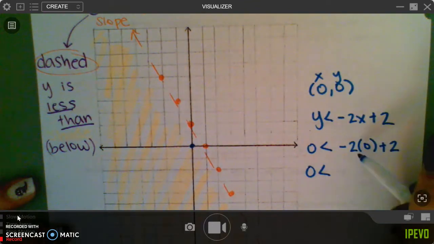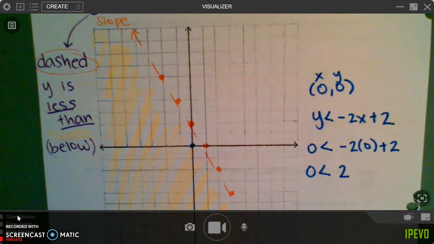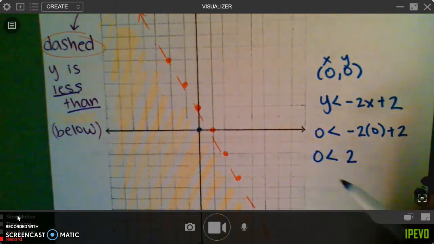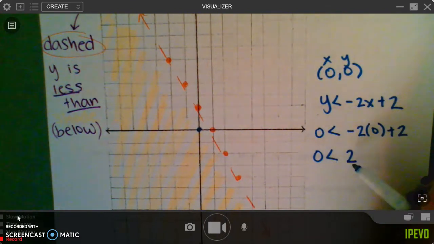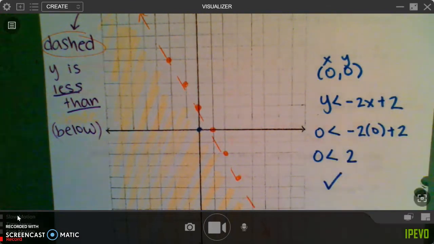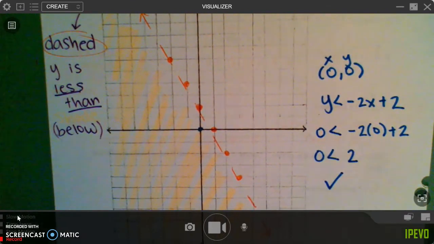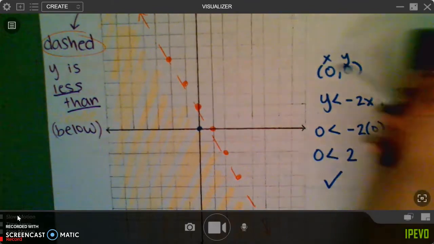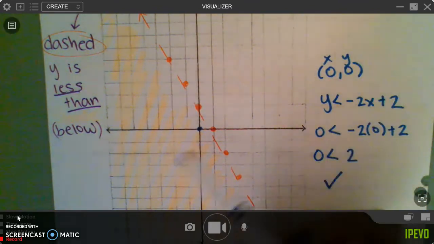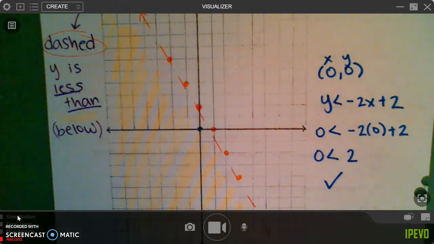Negative 2 times 0 is 0. 0 plus 2 is 2. So then you ask yourself, is 0 less than 2? Yes, it is, which means wherever this point is is where I should have shaded. And did I? Yes, I did.